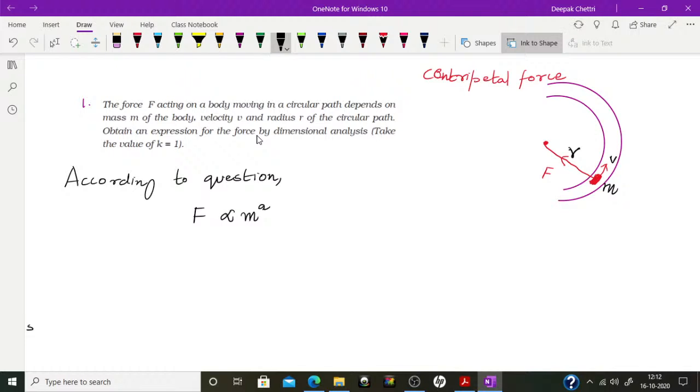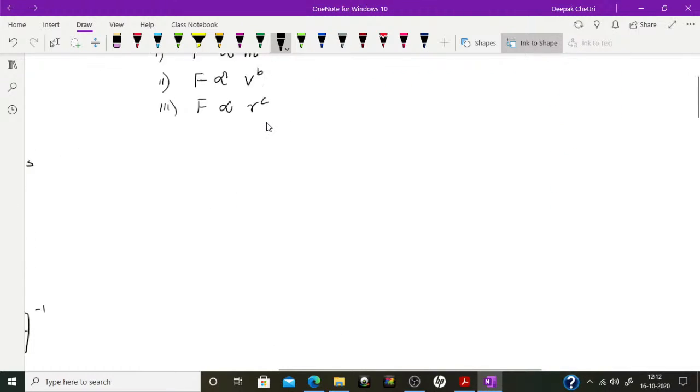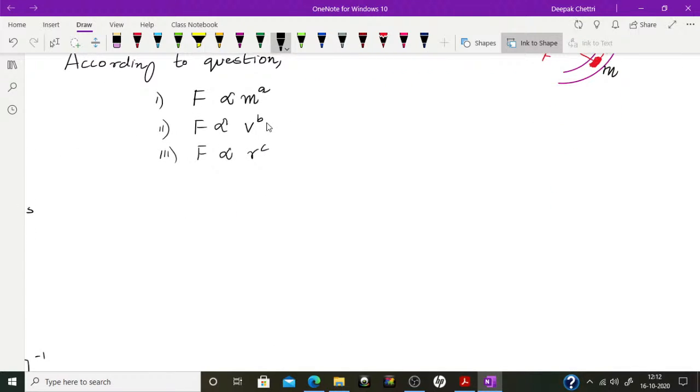We have to find the value, we will do that. So first of all, it depends on mass, this is number 1. Number 2, it depends on velocity. Again, we don't know what type of relation is there, so we will say v to the power b. And number 3, F depends on radius. Again, we don't know the relationship, so r to the power c. So these are the three things on which it depends.